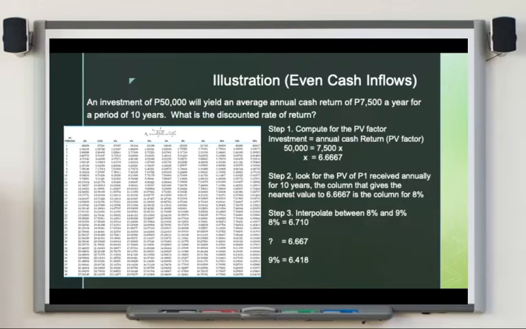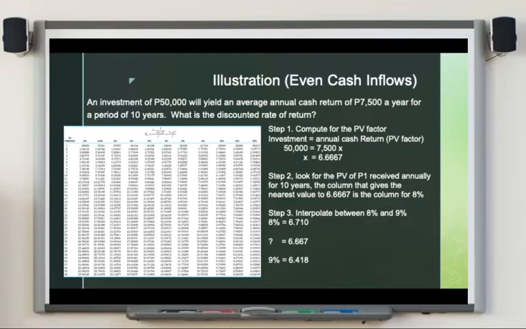The first column shows you the number of years. So you look for year 10, and that will be the row where you will be looking for the nearest value for 6.667. And you will arrive at column 8%, and that is 6.710. Okay, that's the nearest to 6.667.